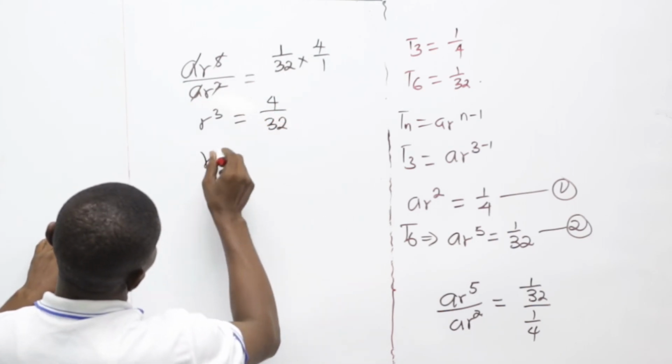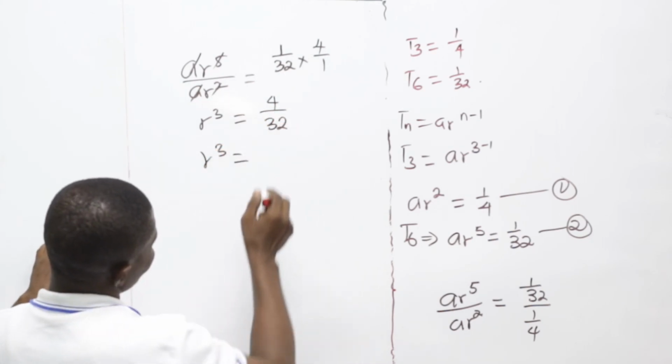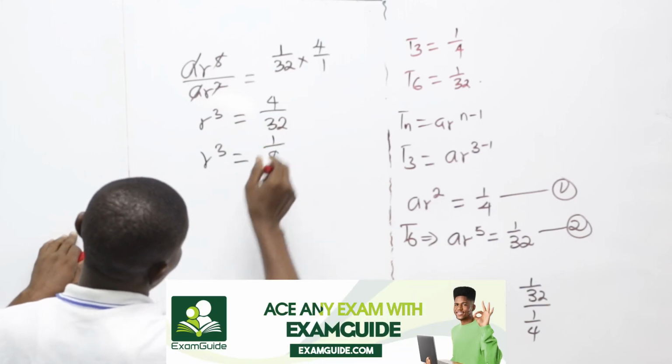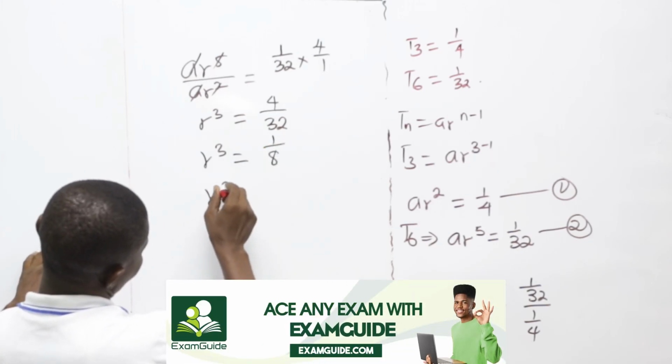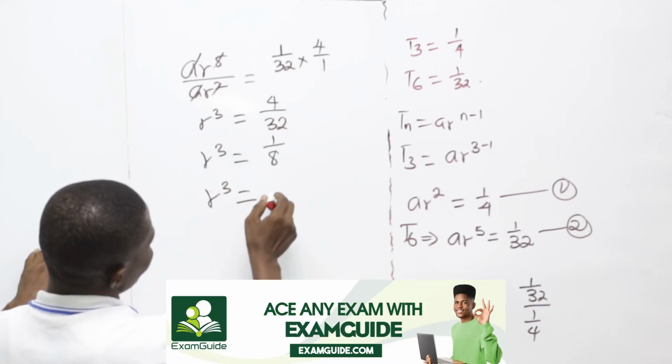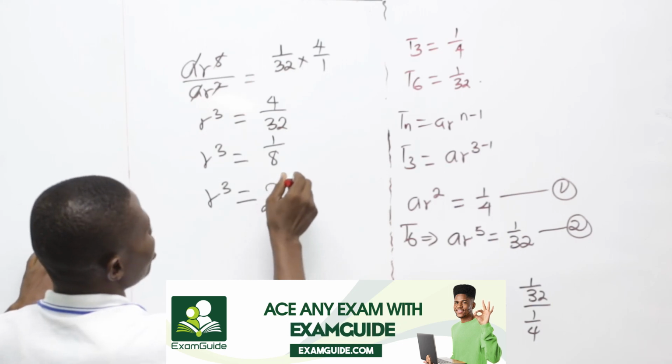We now have that R cubed equals 1 all over 8. So that R cubed, according to indices, will give us 2 raised to the power minus 3.